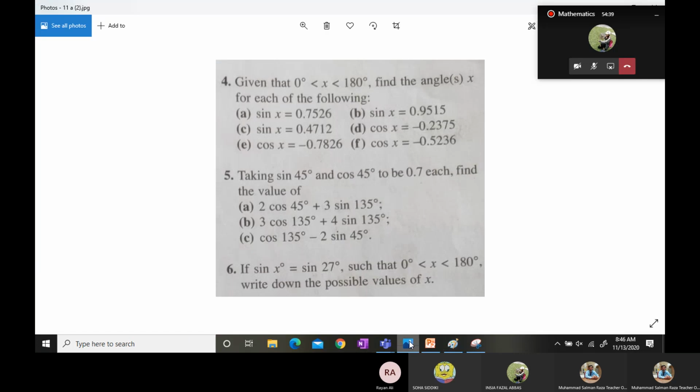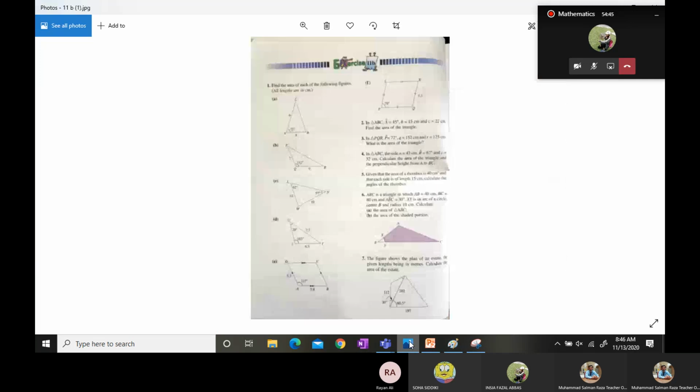So this was basically the questions from 11A exercise from further trigonometry, and I gave you the questions over here. And now the next part is we need to find out the area of the non-right angle triangles.